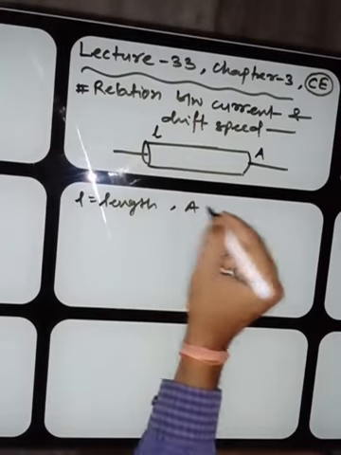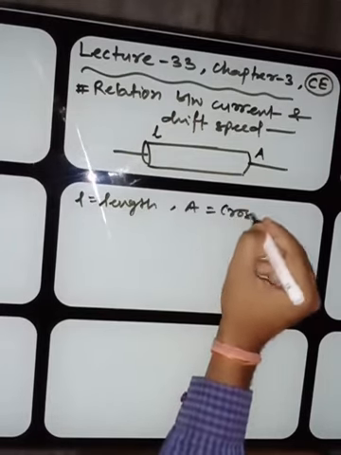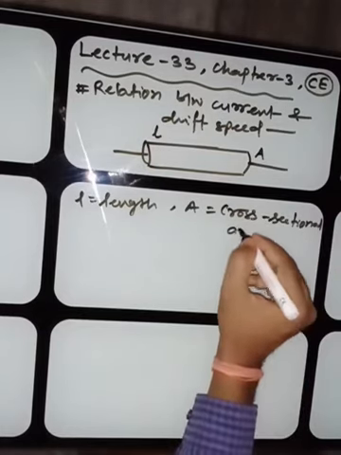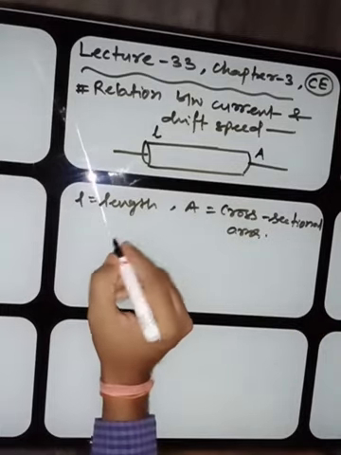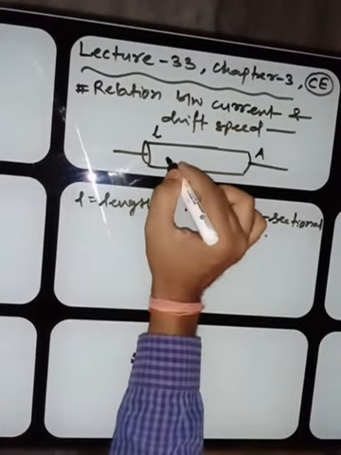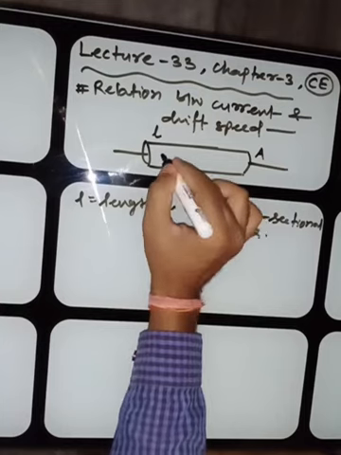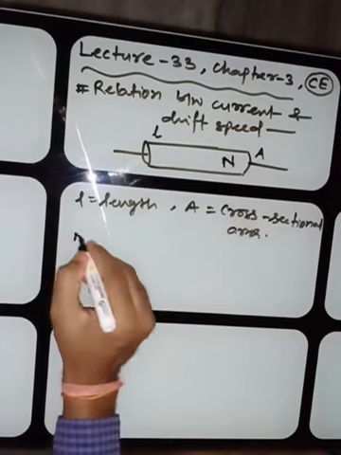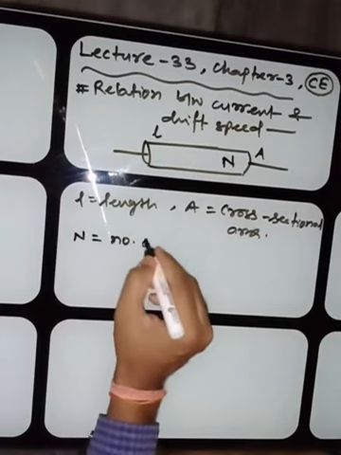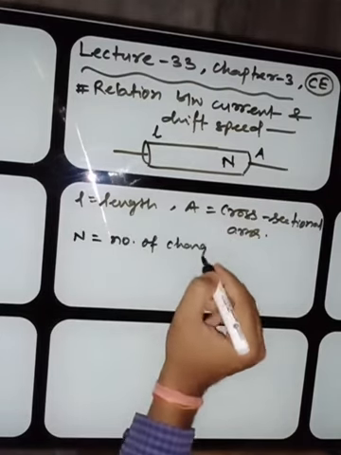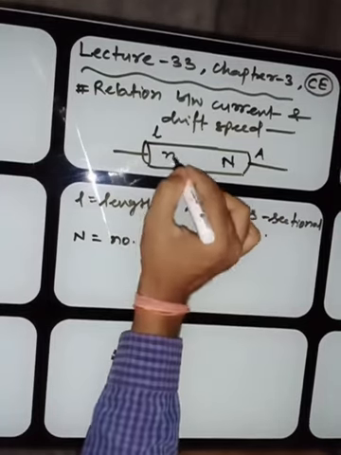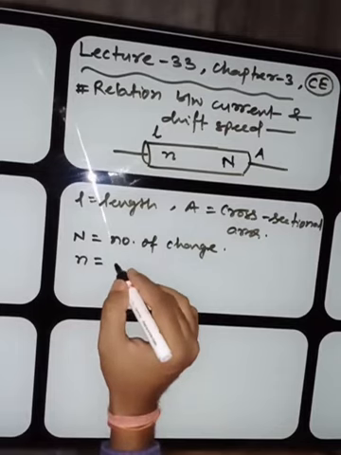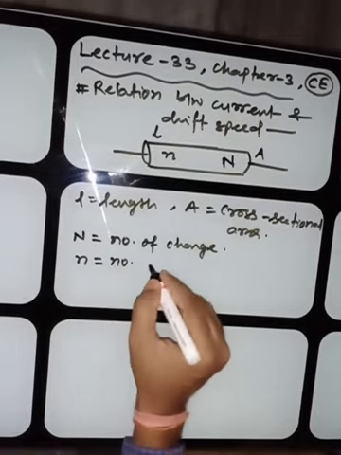A is the cross sectional area, L is the length. And one thing which is very important: suppose the number of charge, that is the electrons, are N. N is the number of charge, and small n is the number charge density.